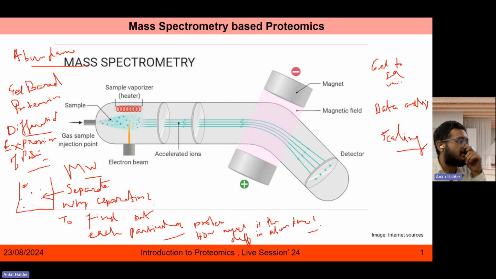Then there is the data analysis and deciding how much to allow for a particular spot. We have already discussed saliency and other features: which spots to consider as a particular spot of a protein and which do not need to be identified as a particular spot.